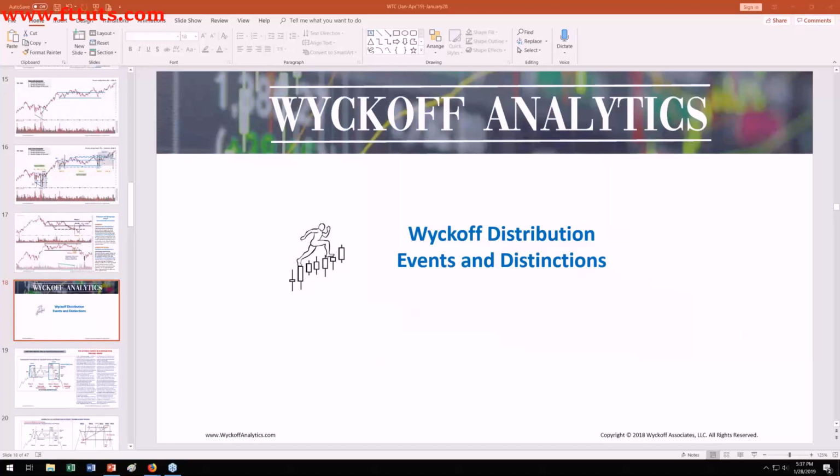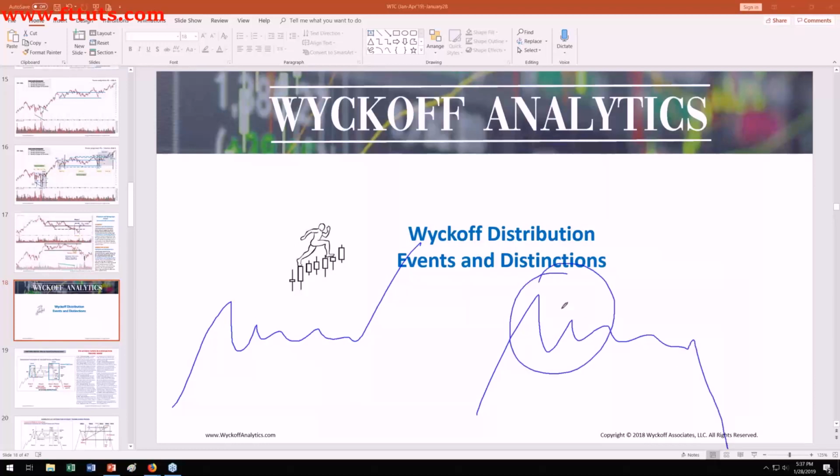Is there a redistribution trading range setup similar to reaccumulation, or will it just proceed by a buying climax during an overall downtrend? There are quite a few similarities between a reaccumulation and a distribution. Usually, as we say, the first third of the trading range is going to look the same.